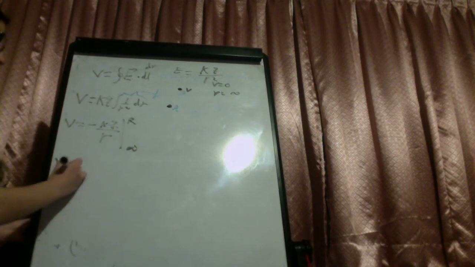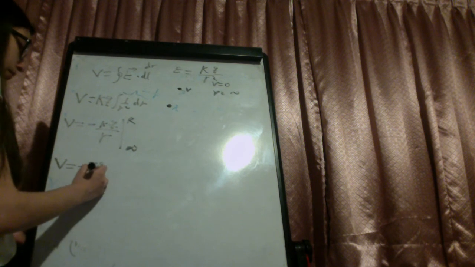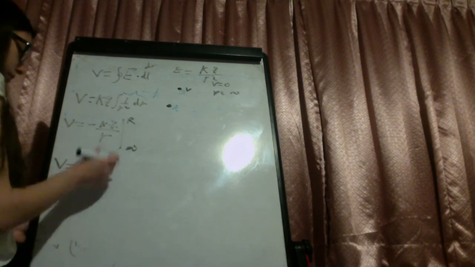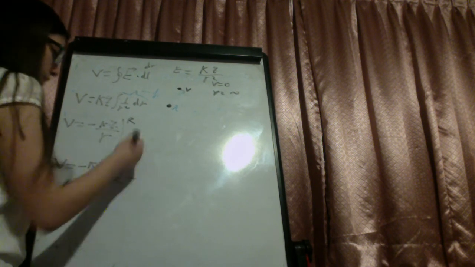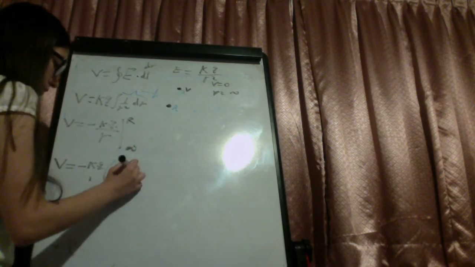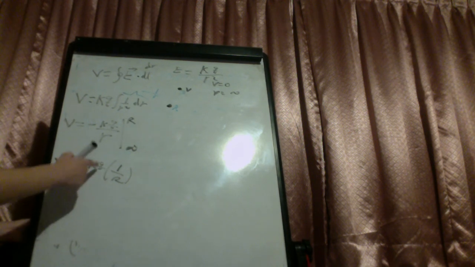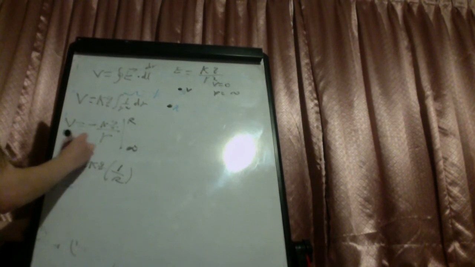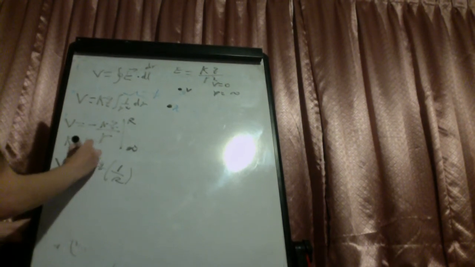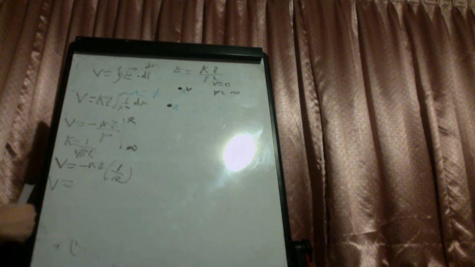So the voltage is equal to negative k times q times 1 over r minus 1 over infinity, that is just 0. So I just have that the voltage is minus k q over r, because k is 1 over 4 pi epsilon naught.